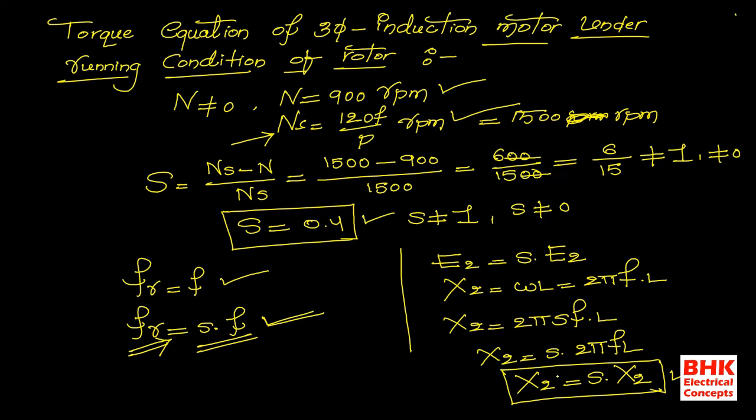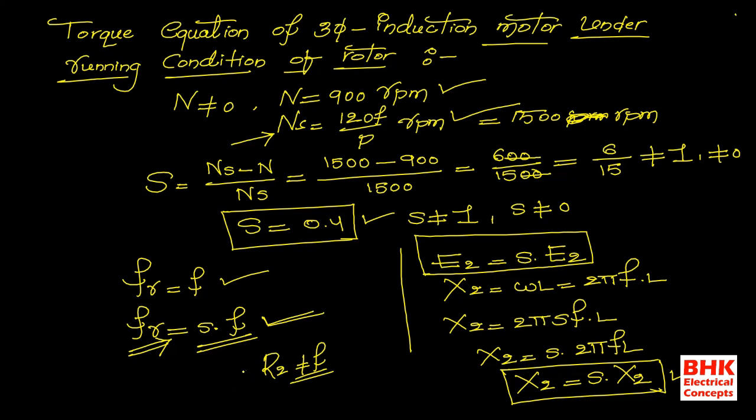Here X2 is the frequency component. So in case of analysis of an induction motor under the running condition of rotor, you need to multiply slip to X2 as well as slip to E2, because E2 is a frequency component term and also X2 is a frequency component term. Now what about the R2? R2 is not a frequency component term.